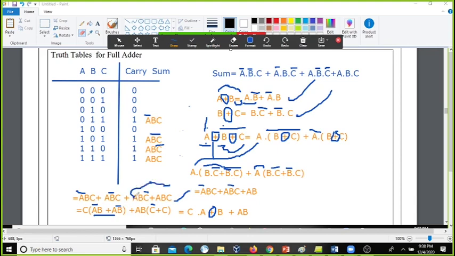These two, when you simplify, are equal to AB. So from that one you can take the A out. A is common.